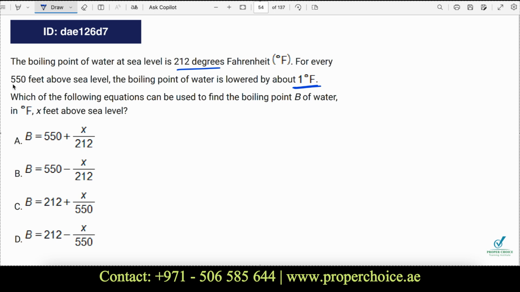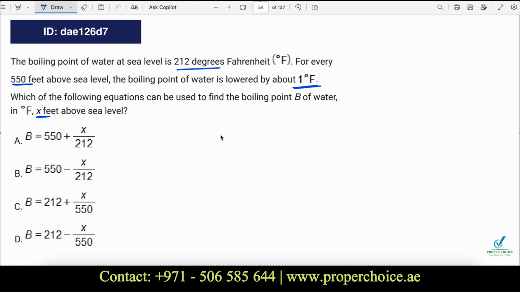So for every 550 increment above sea level, there is a decrease of 1 degree Fahrenheit. If it is x feet above sea level, you divide x by 550, which gives how many degrees Fahrenheit have to be subtracted.